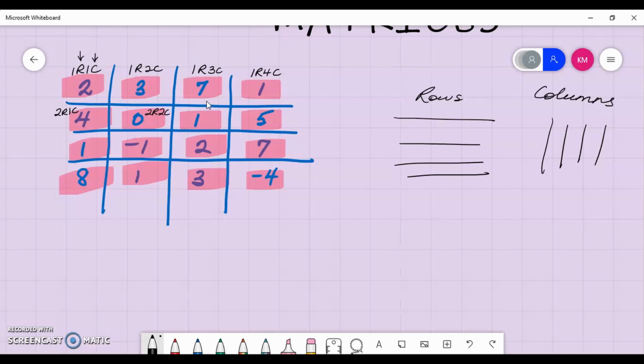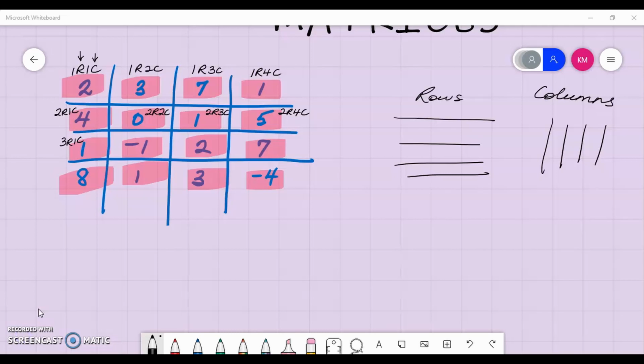Our 1, second row, third column. Our 5, second row, fourth column. Our 1 here, third row, first column, etc. Right? So now you are able to identify the different positions that the elements occupy.